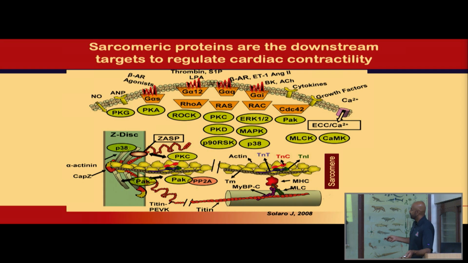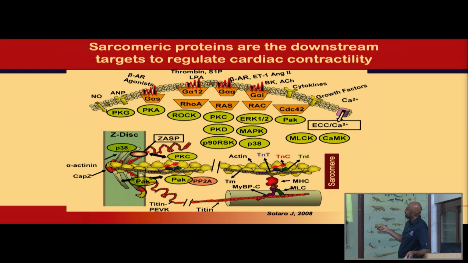If you look at how this contractile property occurs, a lot of signaling events can alter the force, the speed, all the properties of contractility, and can be modified through many factors which are listed here. For example, beta adrenergic stimulation, such as activation by catecholamine.